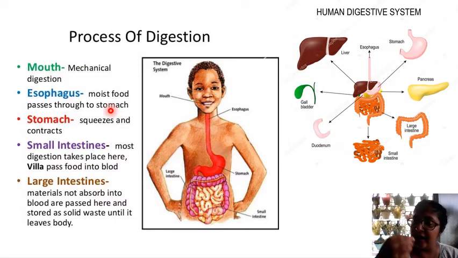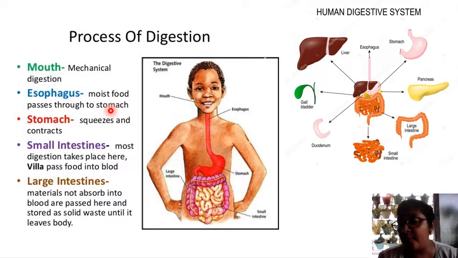The esophagus is just a canal which helps to pass the moist food to the stomach. Then the stomach squeezes and contracts it with the help of the acid which is present. Then it moves to the small intestine, where maximum digestion takes place: duodenum, jejunum, ileum, and it moves to the villi and to the blood.